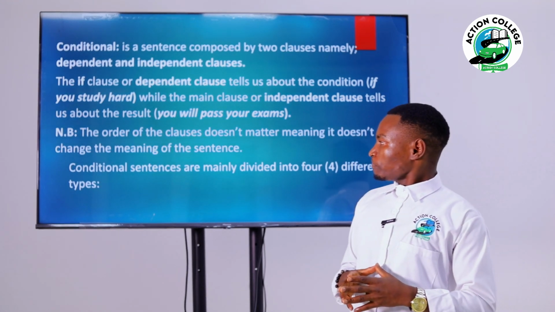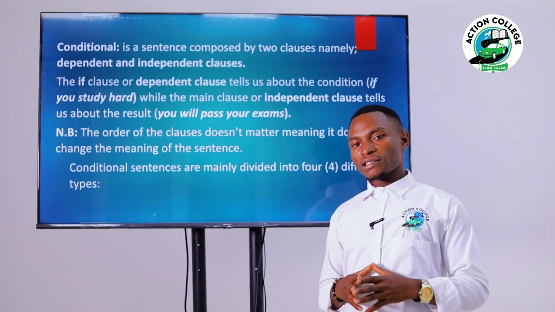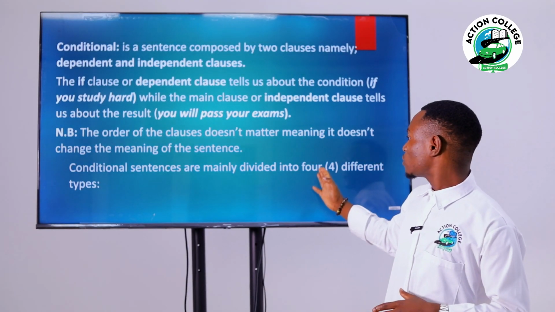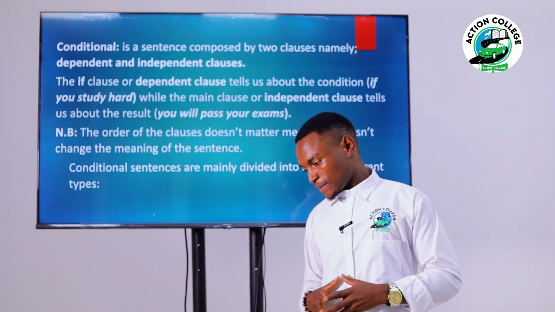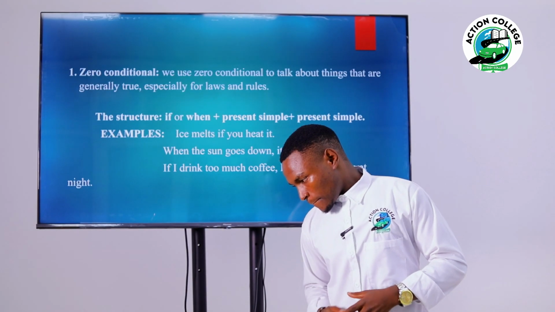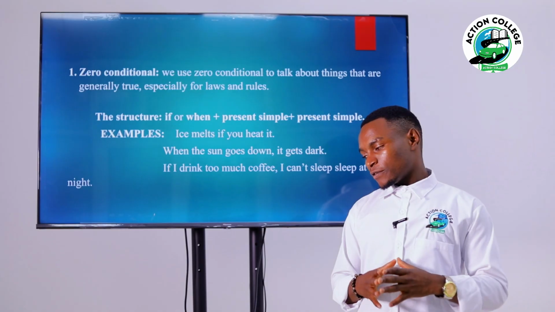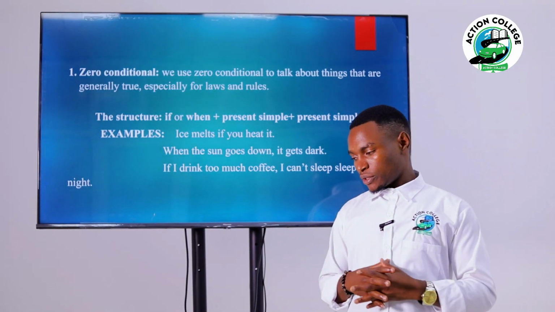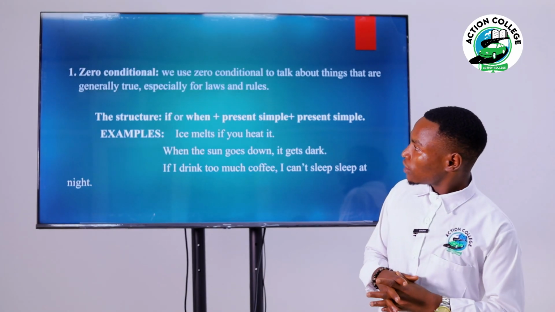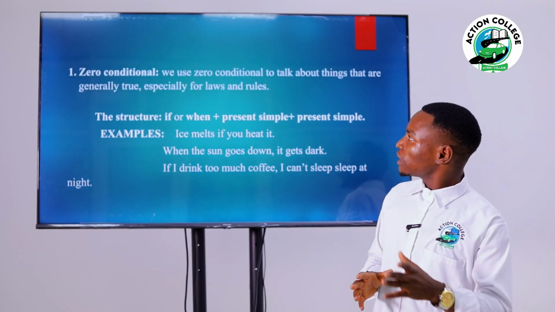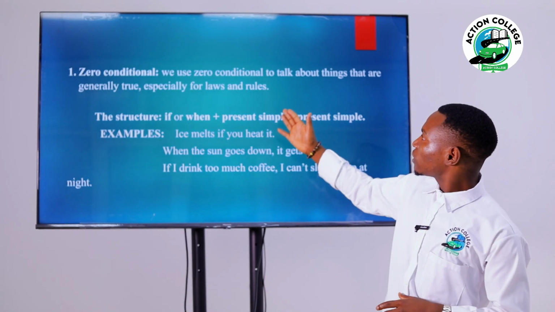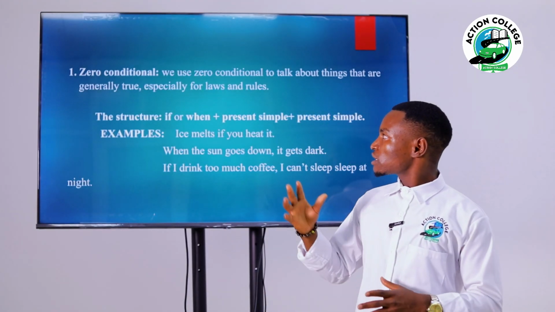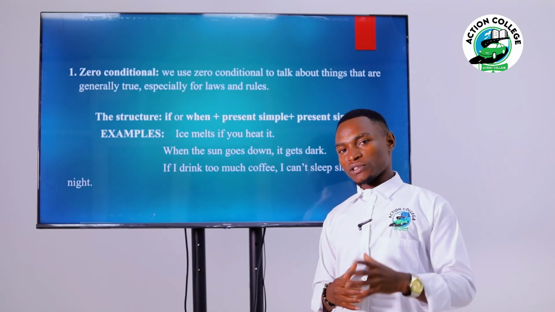So conditional sentences or conditionals are mainly divided into 4 different types. The first type is zero conditional. What is zero conditional? Zero conditional is normally used when we talk about things that are generally true, especially for laws and rules.